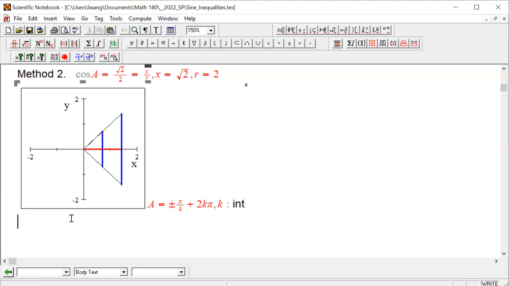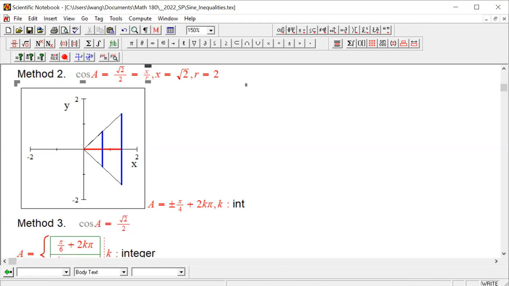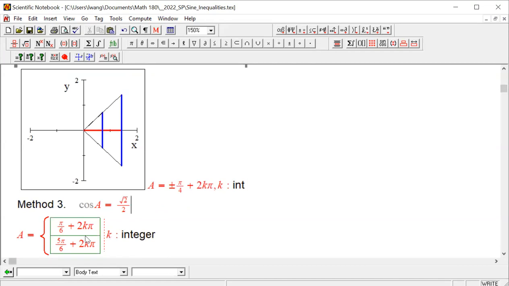So next, method 3, you anticipated it, right? We anticipated that solution with the third method, just a different rule, a change of rule, and of course the solution would be different.